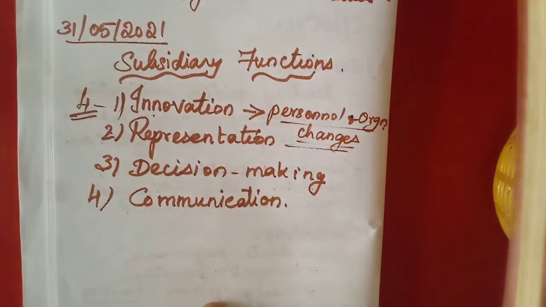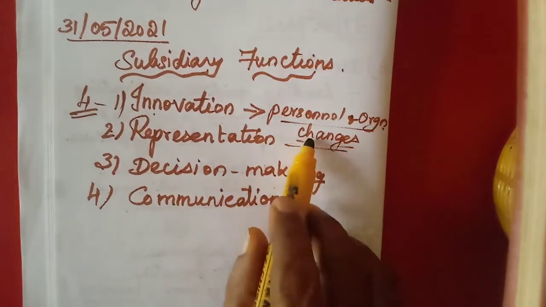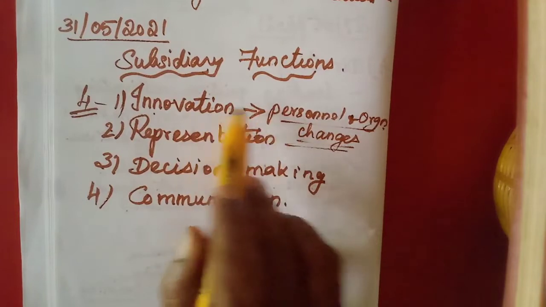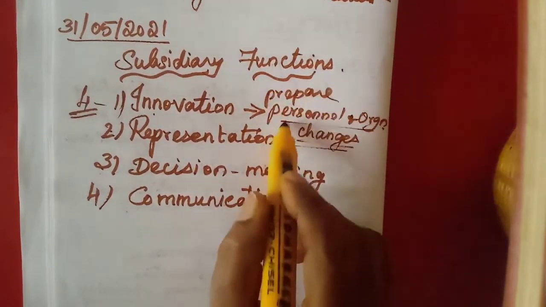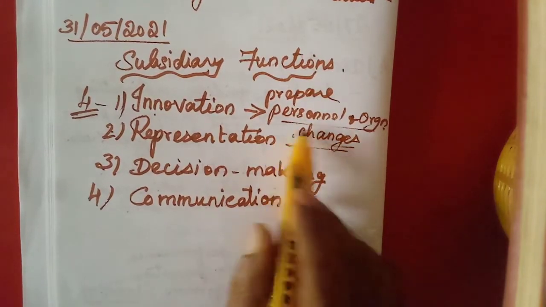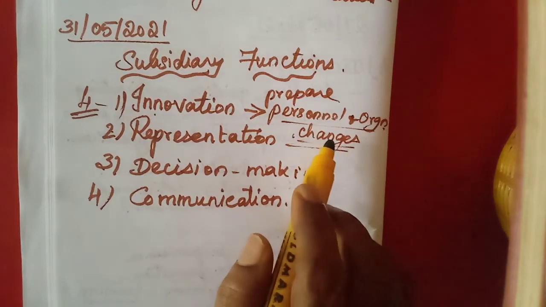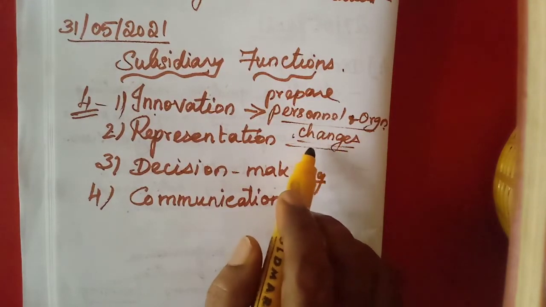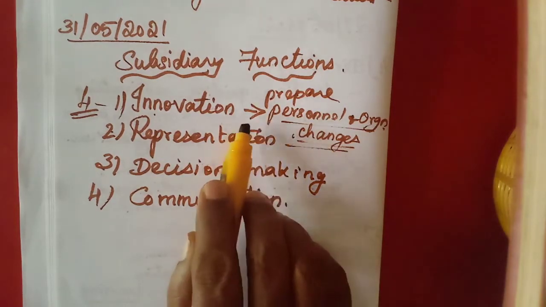So in this changing world, especially the business world, the management has to prepare both the personnel and the organization to face any changes that happen, maybe all of a sudden or maybe gradual changes. That must be done by the management.